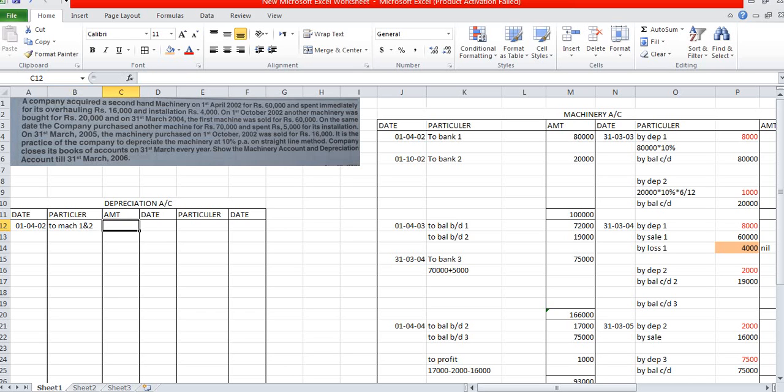Total amount of depreciation is 9,000 first year, 31st March 2003. What we will write here is by P&L, 9,000.